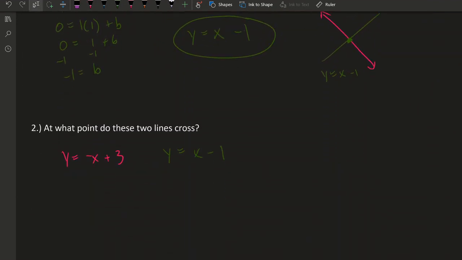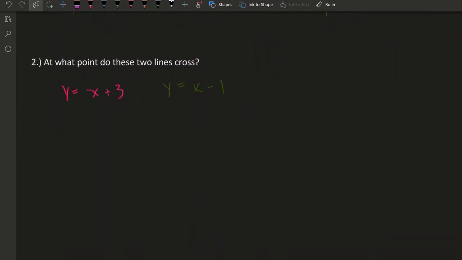If you remember your systems of equations from Algebra 1, they're both equal to y, so they must equal each other. So negative x plus 3 must be equal to positive x minus 1. Then we can solve this by adding x on both sides.